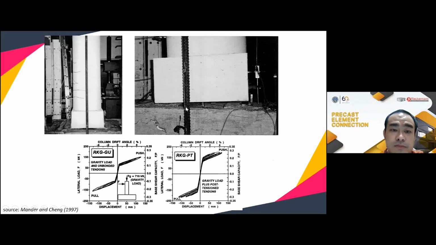So the damage is very little here, just the cracks. The behavior is similar to the rocking systems, except here we don't have the energy dissipation capacity. This is only the rocking system, with gravity load plus post-tension tendons.